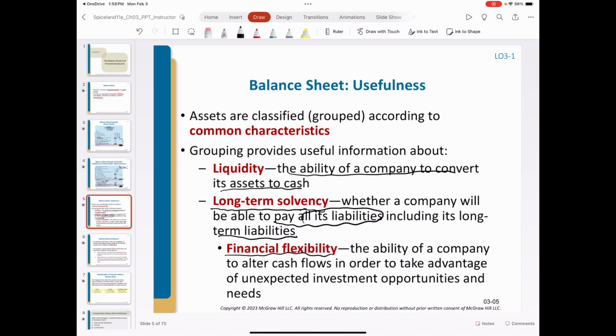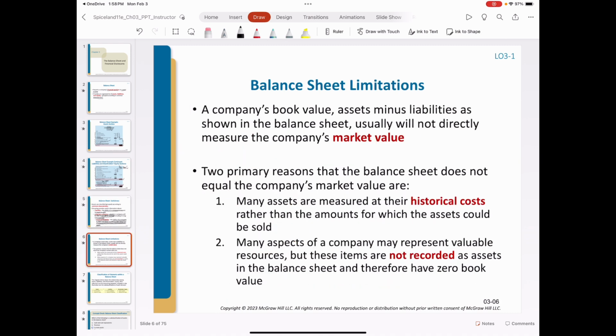Financial flexibility represents the ability of a company to alter cash flows in order to take advantage of unexpected investment opportunities and needs. This is a more comprehensive financial indicator, which will be introduced later.